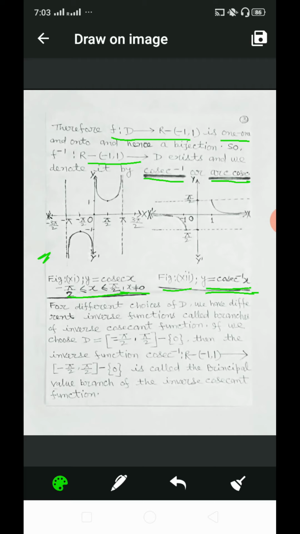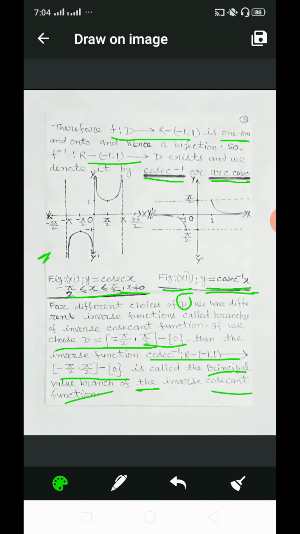Now for different choices of d, we have different inverse functions called branches of the inverse cosecant function. If we choose d equal to the closed interval minus pi by 2 to pi by 2 minus 0, then the inverse function cosec inverse from R minus the open interval minus 1 to 1 to the closed interval minus pi by 2 to pi by 2 minus 0 is called the principal value branch of the inverse cosecant function.